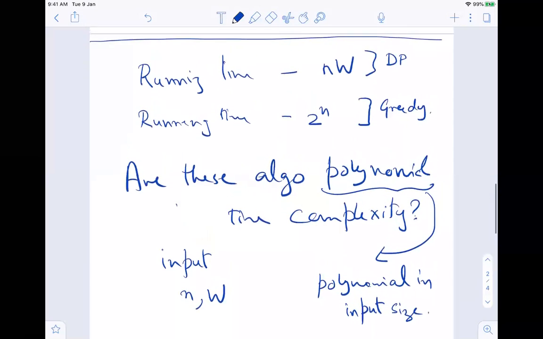So basically, if the input is of n bits or n integers or some kind of stuff like that, then how much time does it take? In this respect, W can be anything in n, but W is also an input.